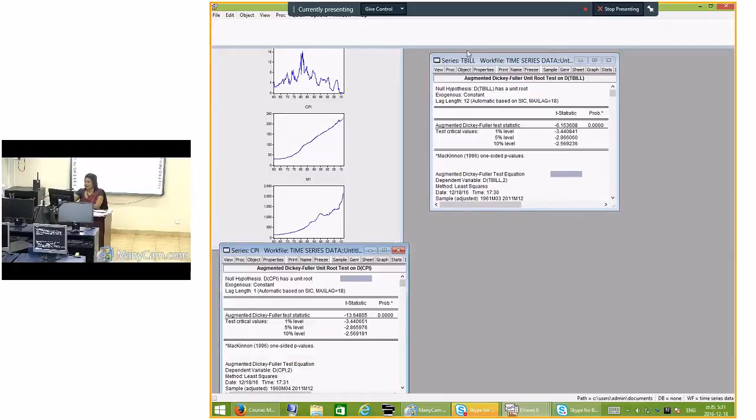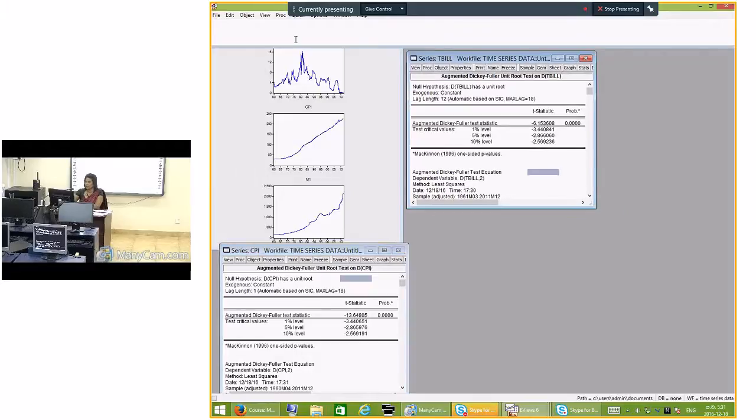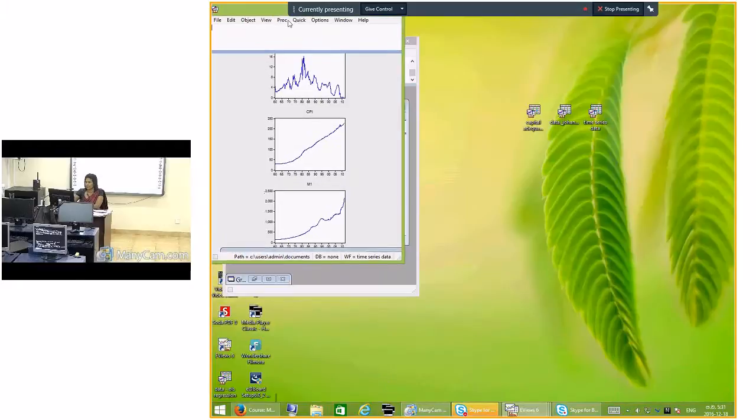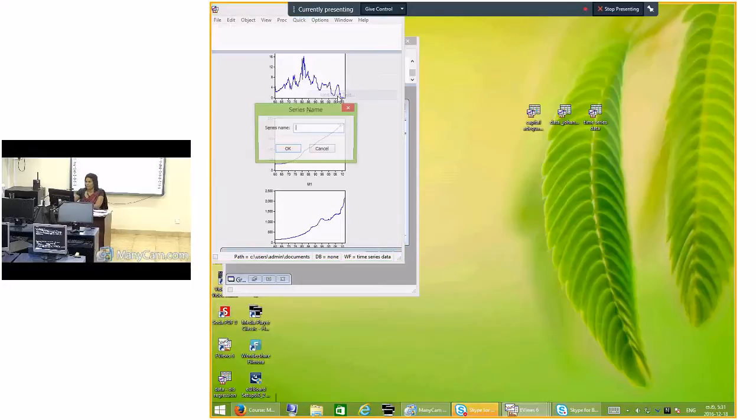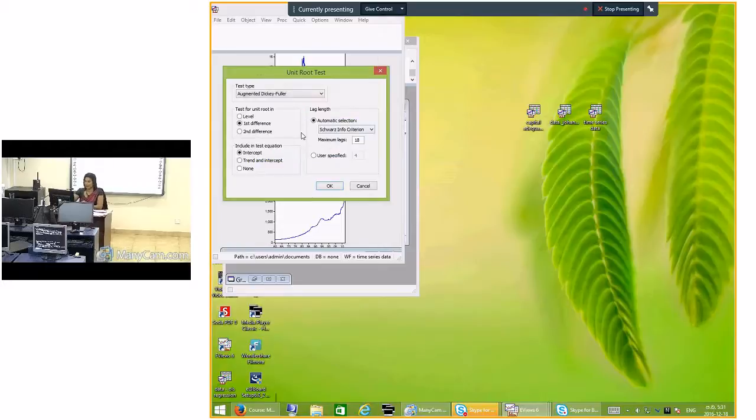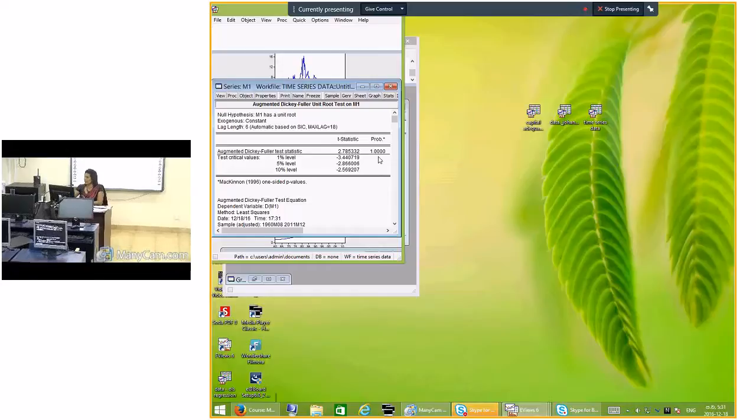Now go to our last variable, M1. Right, first go to the levels. It is also non-stationary, because you can see any fluctuations, you can see the trend.